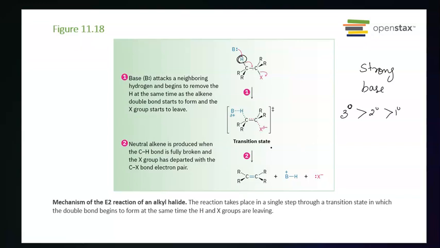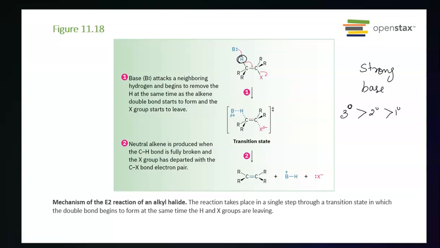In terms of substrate choice, preferably a tertiary alkyl halide is better than a secondary, which is better than a primary. The reason is that when you have a tertiary carbon atom, the formation of the major product following Zaitsev's rule is applicable.